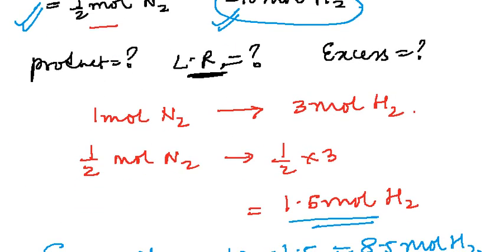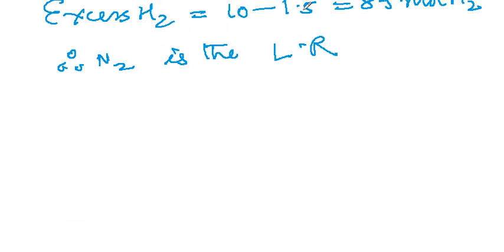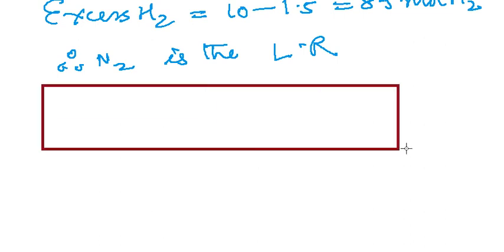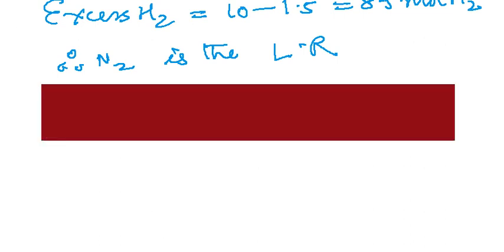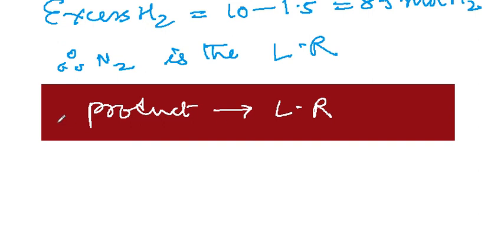Another very important point that we need to remember is, if we have to find the product, then we have to look at the limiting reagent. The product would be formed as per the limiting reagent. Okay, this is a very important point. We should take note of this.